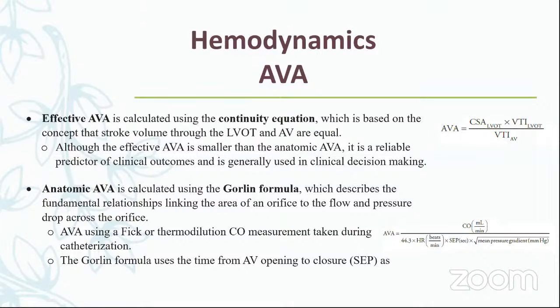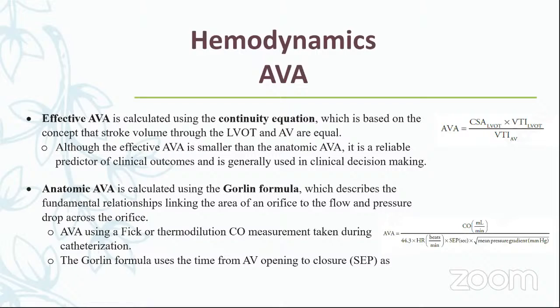The effective one is calculated using the continuity equation, as we see here, which is based on the concept that the stroke volume through the LVOT and the aortic valve are equal. Although the effective aortic valve area is smaller than the anatomical area, it is a reliable predictor of clinical outcome and is generally used in clinical decision making.